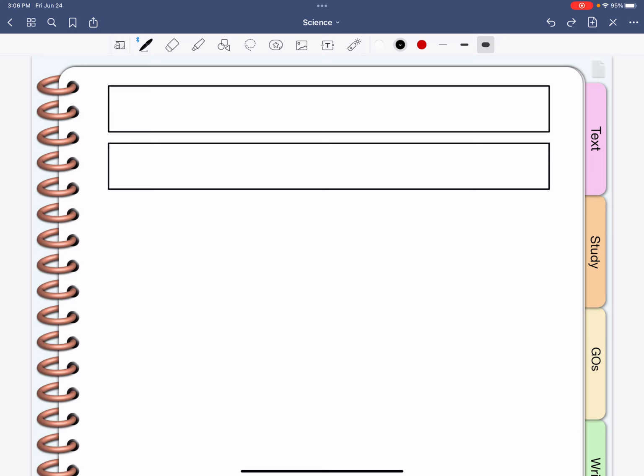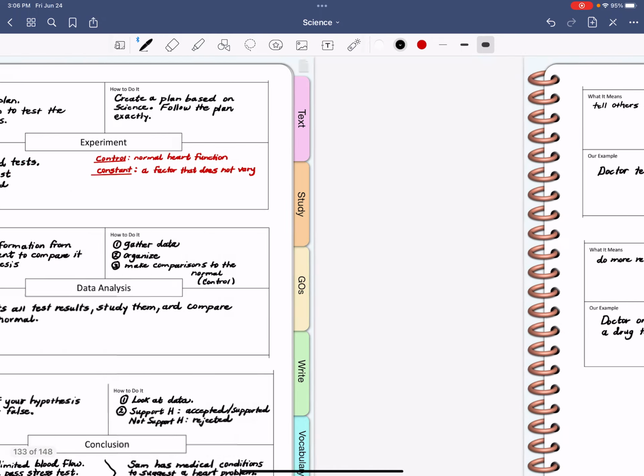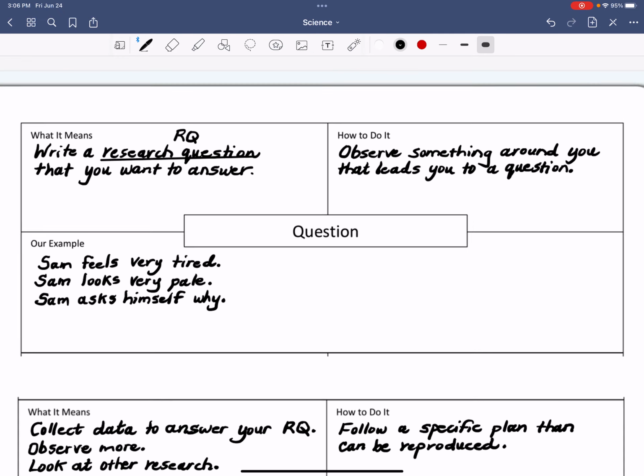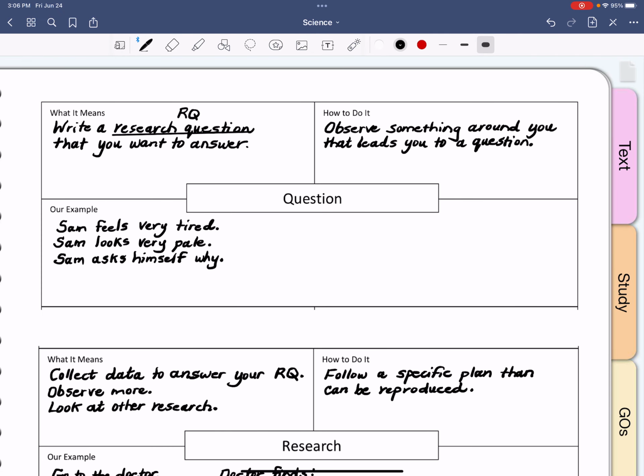Well, it's going to be question. So on the outside of that question piece, let me go back. Here's the one that says question. So you fold it in half. And then on the cover, once you fold it, you'll have a space on the outside.